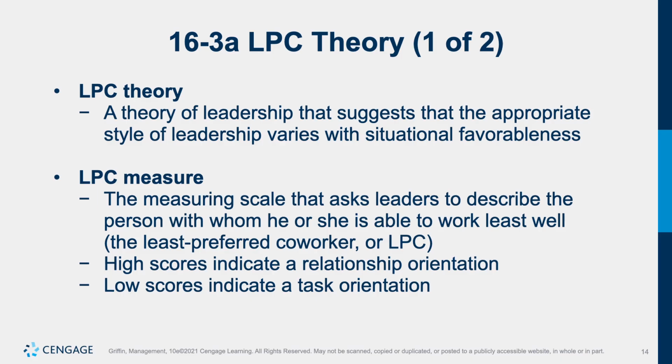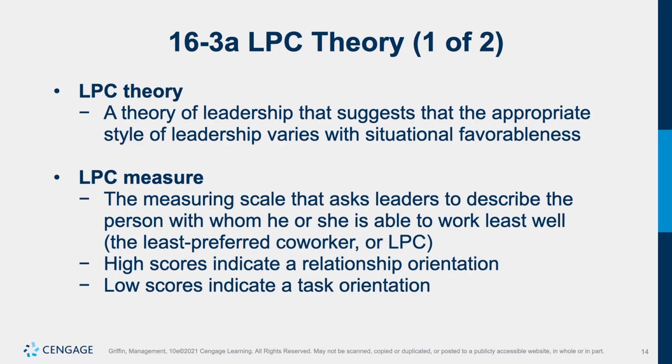The scholar who developed this theory, Fred Fiedler, measured leadership style by means of a controversial questionnaire called the least preferred co-worker measure. This questionnaire has a scale which asks leaders to describe the person with whom they are able to work least well, the least preferred co-worker.